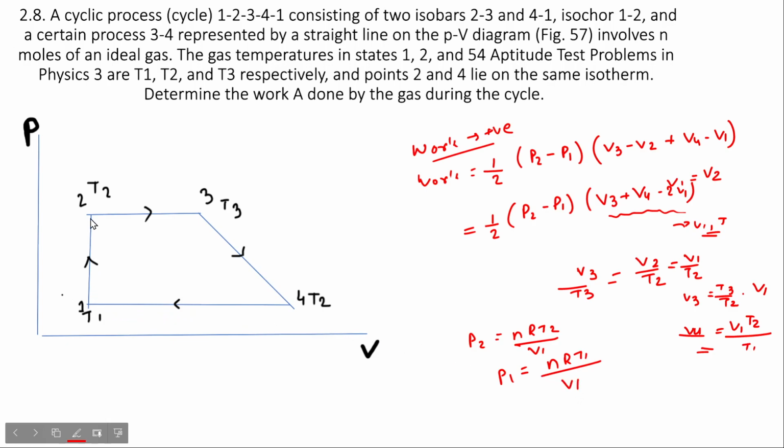Okay, because P1 and P2 lie on the same volume trajectory.